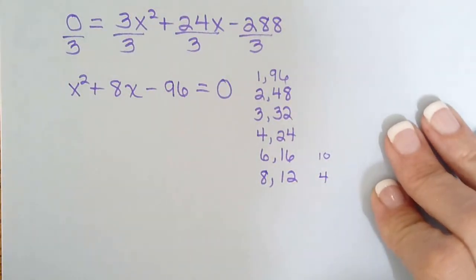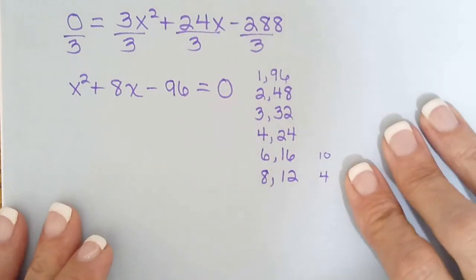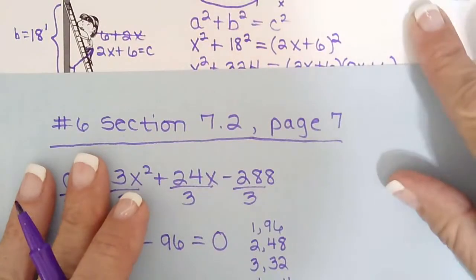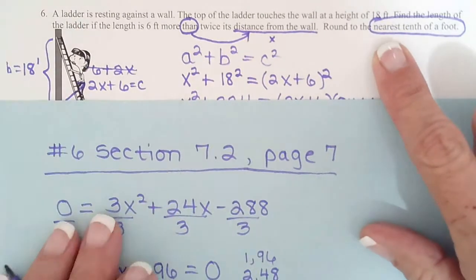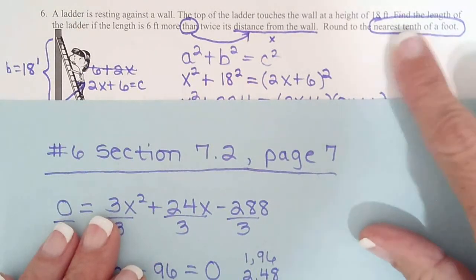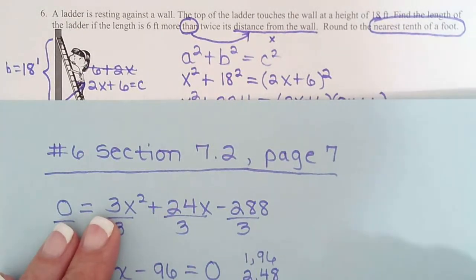Not possible. So that means we have to use the quadratic formula, which I told you from the directions. I probably should have gone straight there, because this tells me it's a rounding problem, and we don't round during factoring, but with quadratic we do.